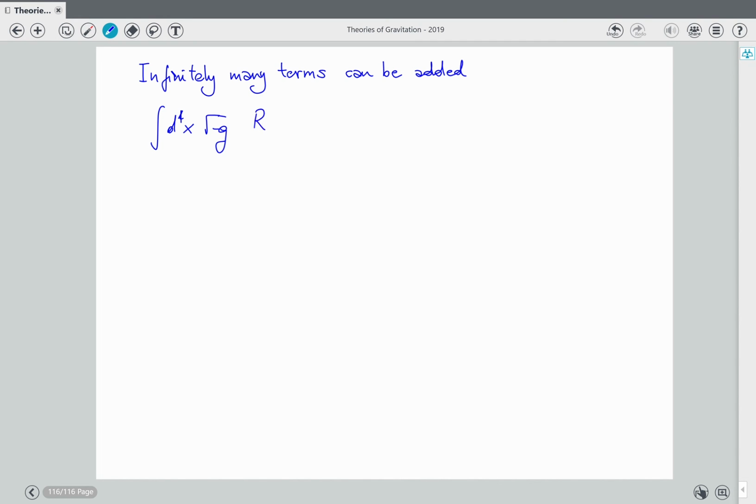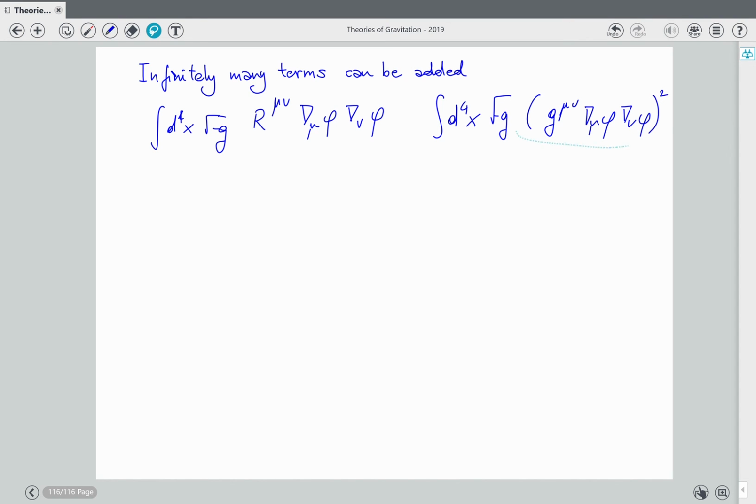For example, you could take the Ricci tensor, contract it like that. Why not? You could take something like this, the kinetic term, and you raise it to any power you want, and so on.